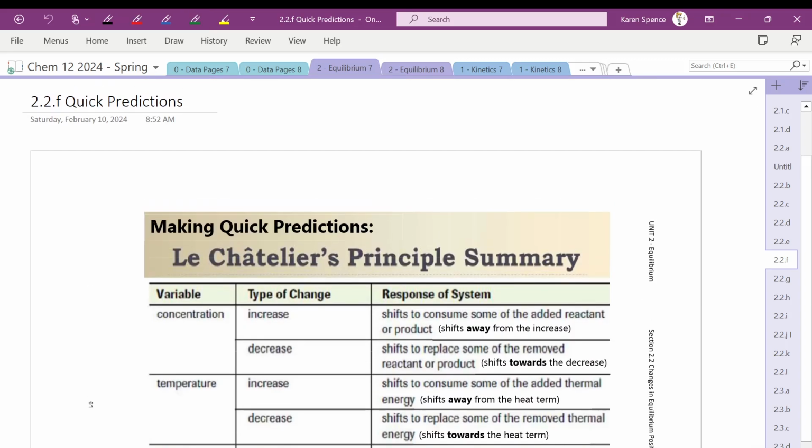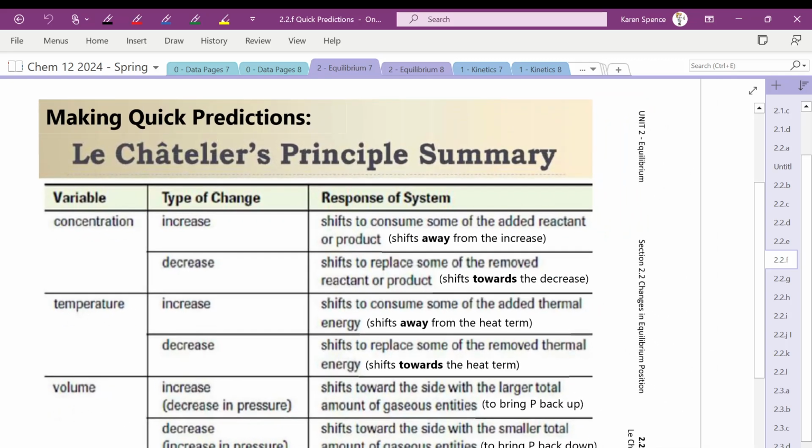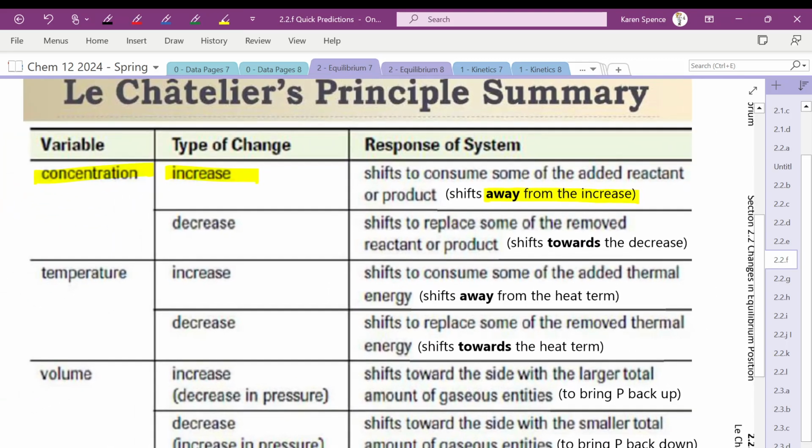(2.2f). This is just a very brief making quick predictions. If you have a concentration and you increase it, the system shifts away from the increase. If you have a concentration and it decreases, it shifts towards the decrease.